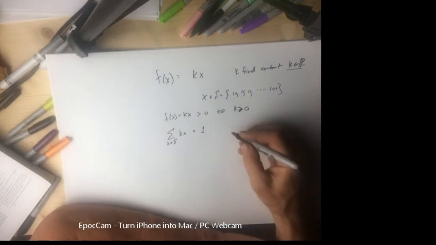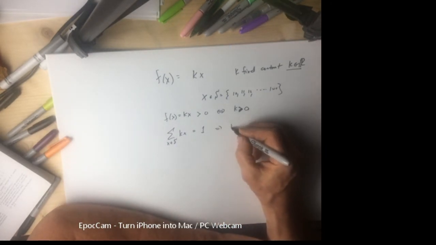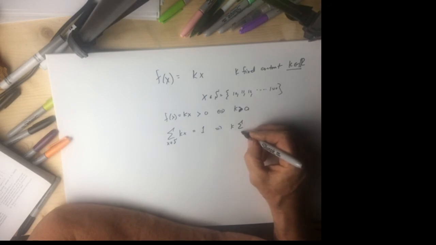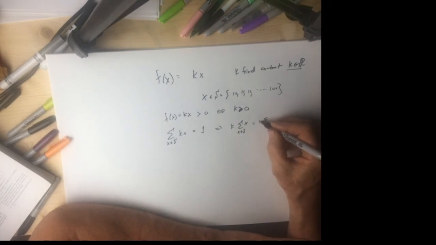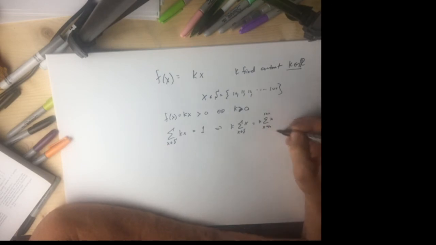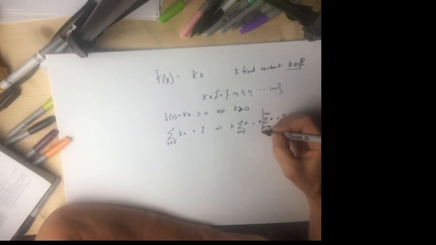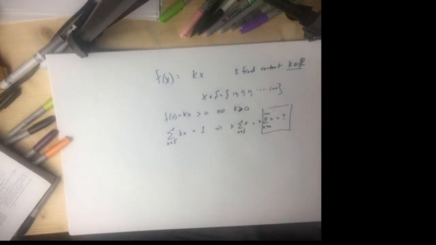Well, what will we do? Well, I think this says you pull out the k, and then you add up the x's. But can somebody tell me what x from 10 to 100 adds up to? Do you remember? I think that comes from something that some of you should remember from calculus.